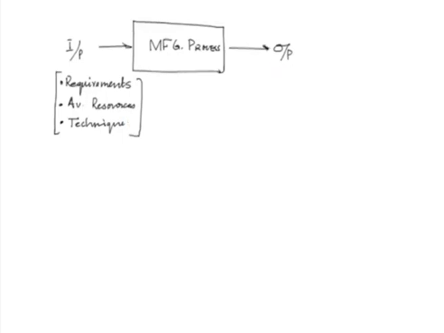Then output may be a product, but not necessarily be a tangible product. Product can be a tangible product or it can be intangible as also.